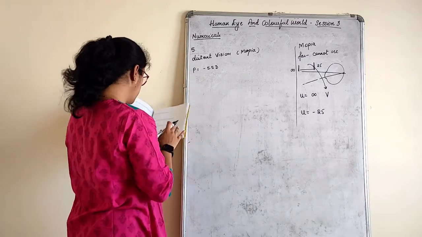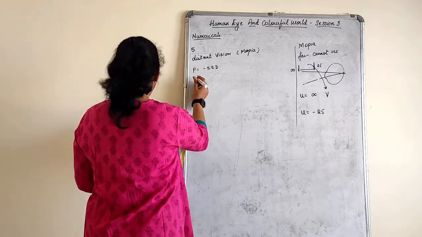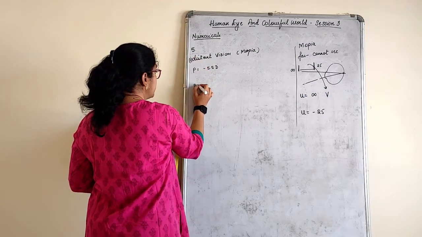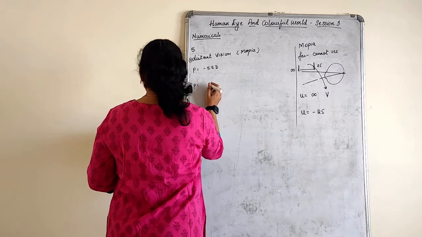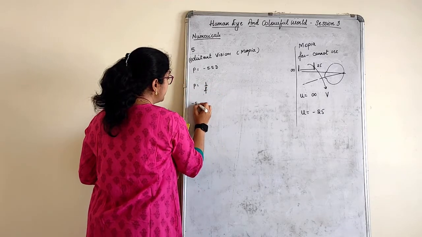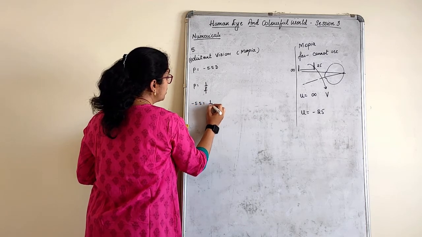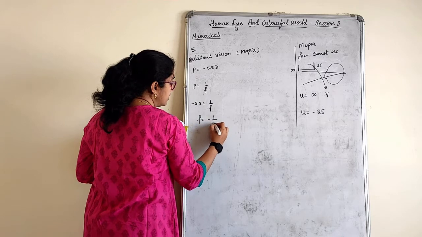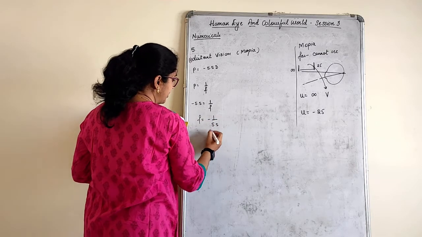Directly, let us apply. What is the formula? We know that for the first part, power is equal to 1 by F. So power is minus 5.5 is equal to 1 by F. Cross multiply, F is equal to minus 1 by 5.5.